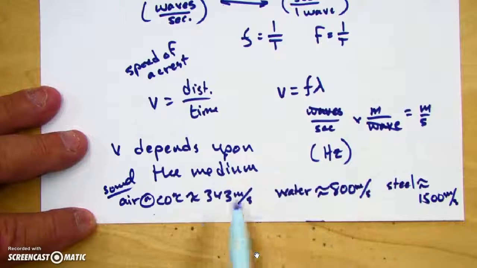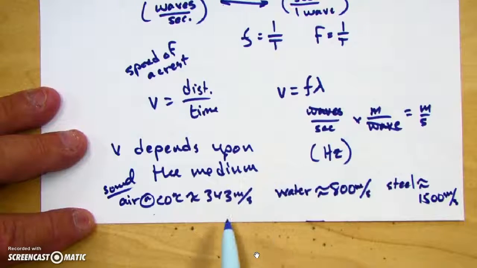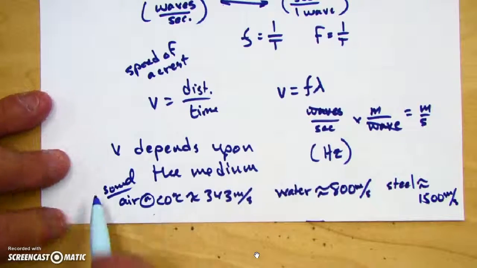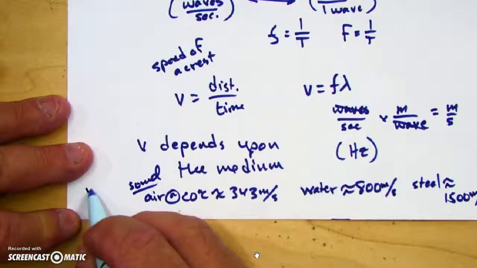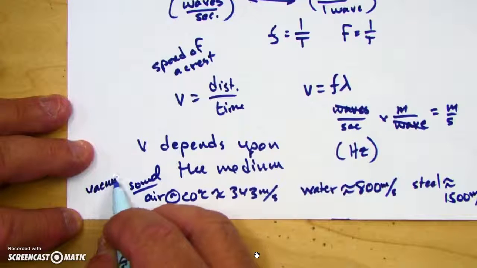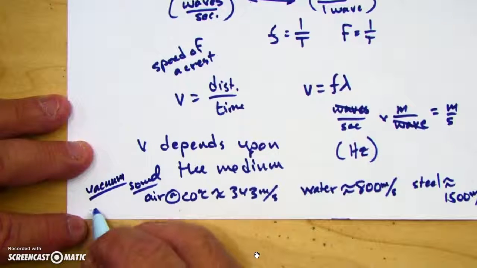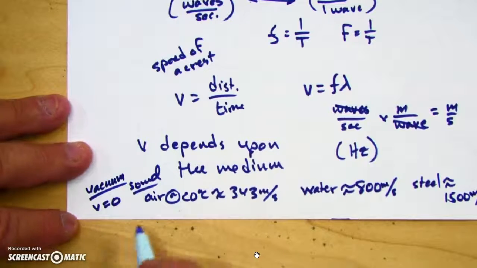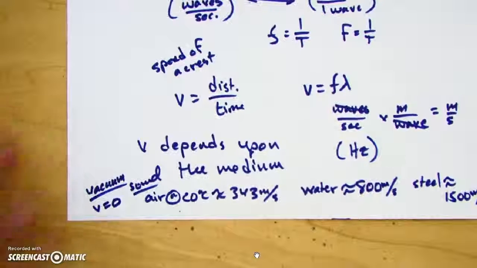So the speed does depend upon the medium that it's in. And by the way, the speed of sound in a vacuum is equal to 0. There's no sound in a vacuum. No, in space, no one can hear you scream. Have fun.